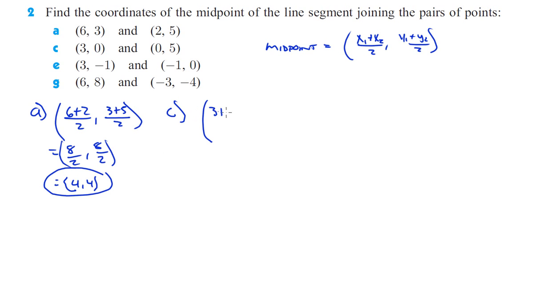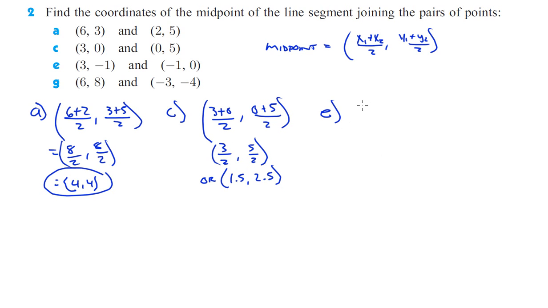So we're going to do 3 plus 0 over 2, and then we've got 0 plus 5 over 2. So that's 3 halves and 5 halves. And you can leave it like that, or you can write it as 1.5 and 2.5. Either one of those is fine. Okay.